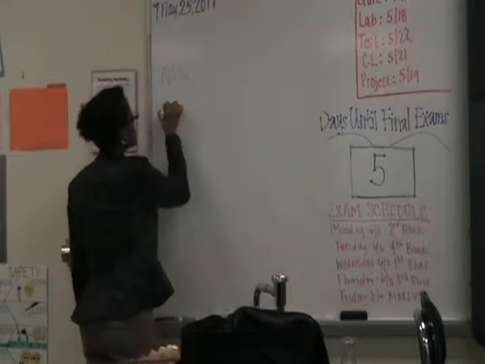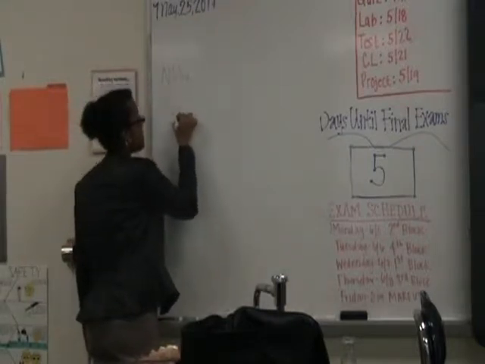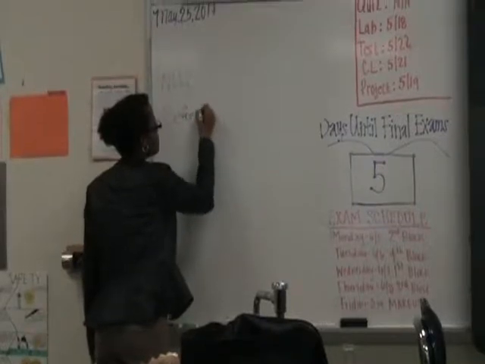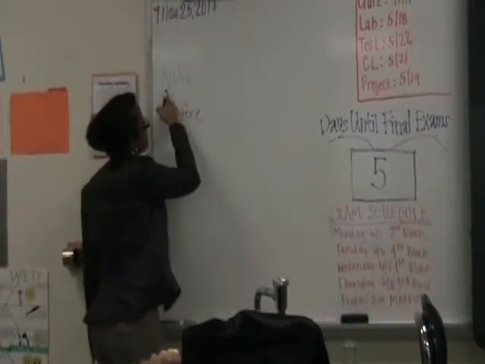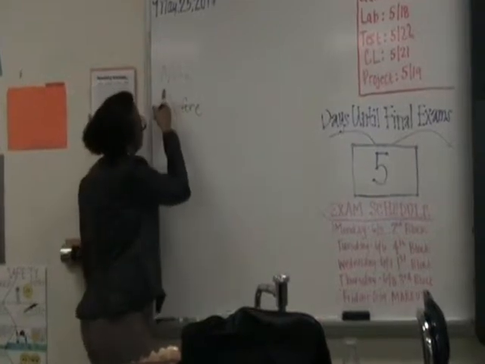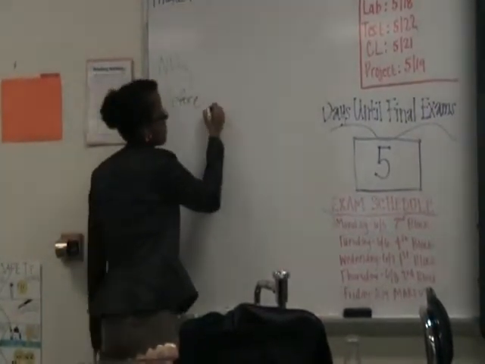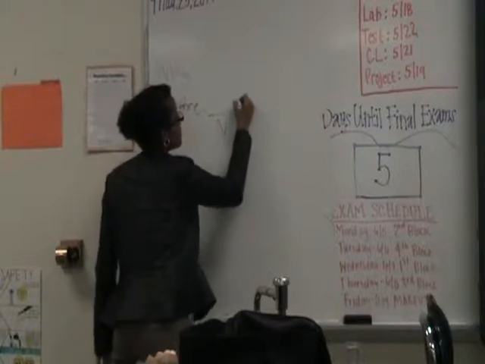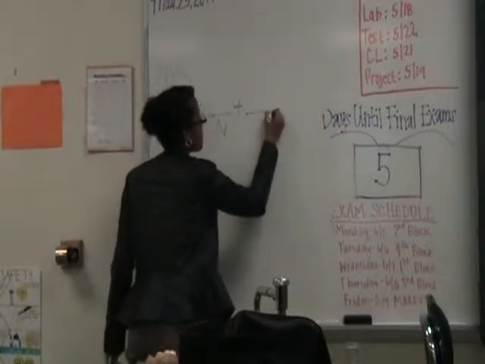Now, the before section is written like this. We have this compound, NH3, and we only have 2 elements in it. So we have 1 blank for nitrogen, plus another blank for hydrogen.